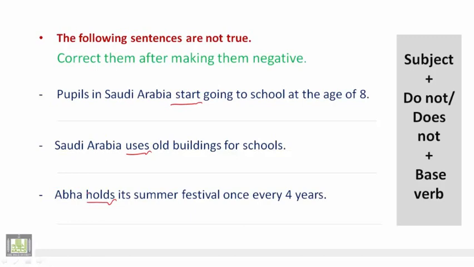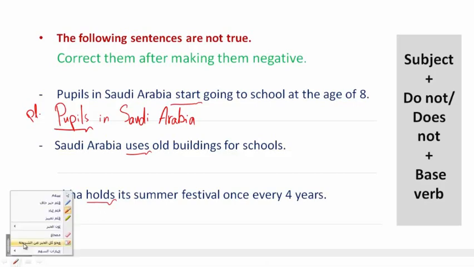In this case we make them negative by using an auxiliary verb. For example, pupils, in Saudi Arabia. Because we have here a plural, the noun is plural, we use an auxiliary verb that agrees in number with the subject in the plural.